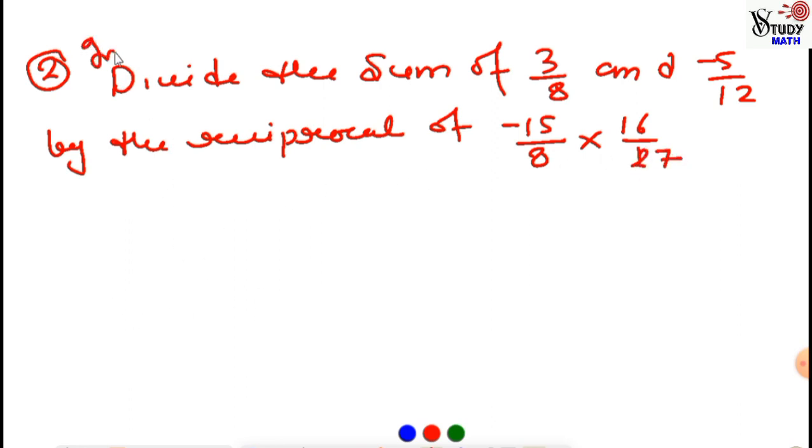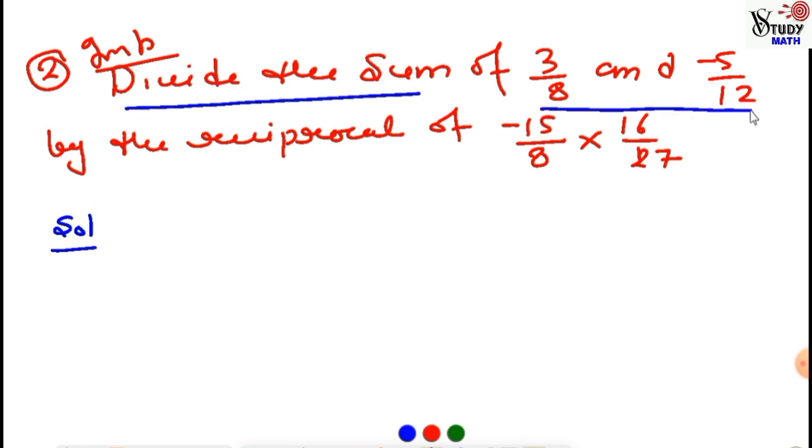So this question is important. I will explain the solution very clearly. Given that divide the sum, first we have to find the sum of these two numbers, and we have to divide this sum by the reciprocal of these two numbers.